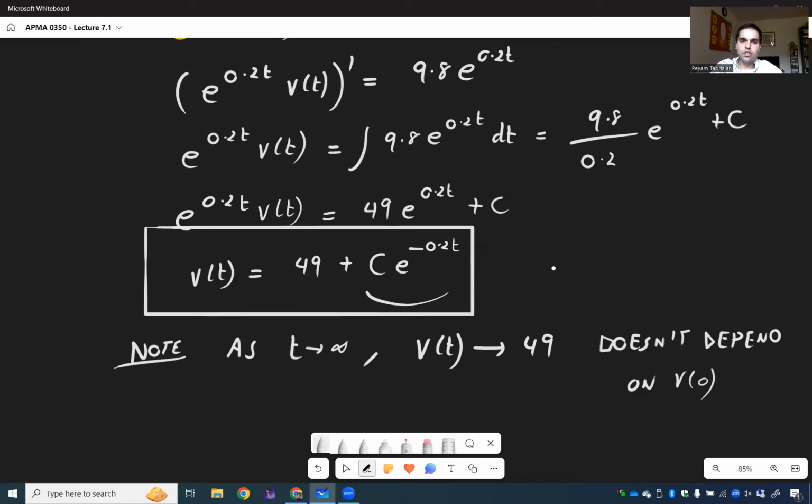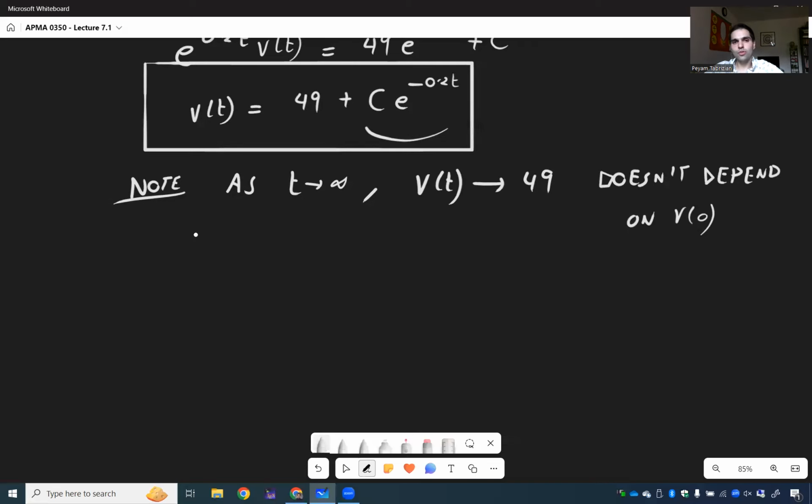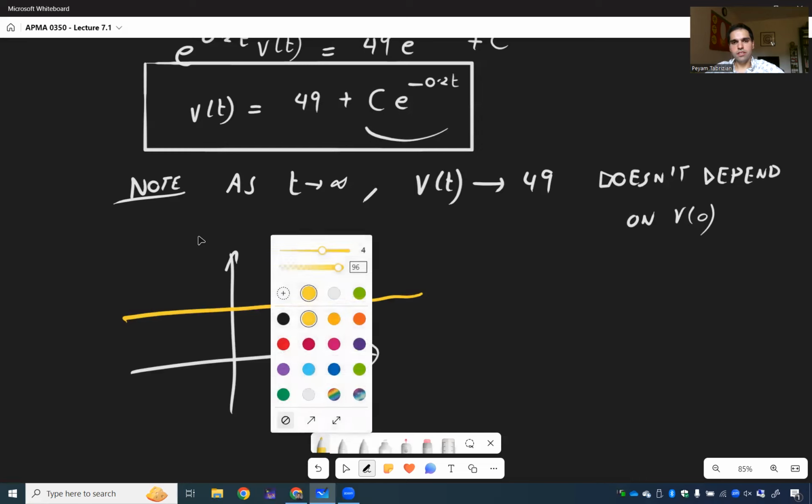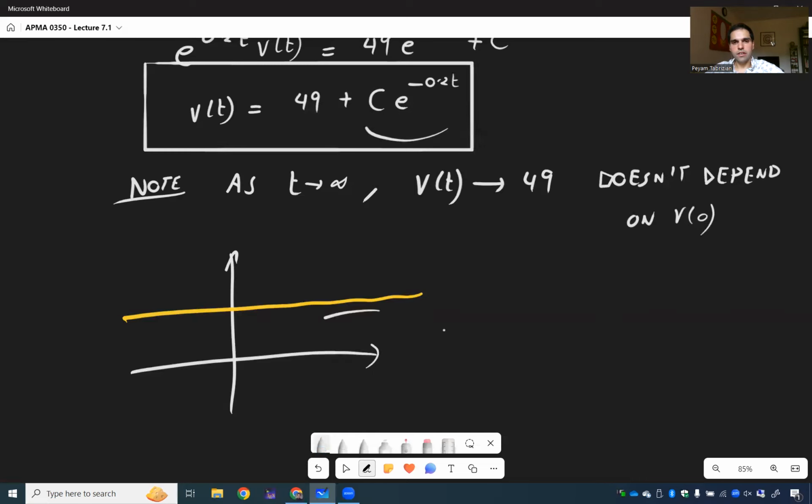So if you want some qualitative pictures of what the solutions look like, well, here you have your 49, and the velocity either goes up or down, depending on what the initial condition is.